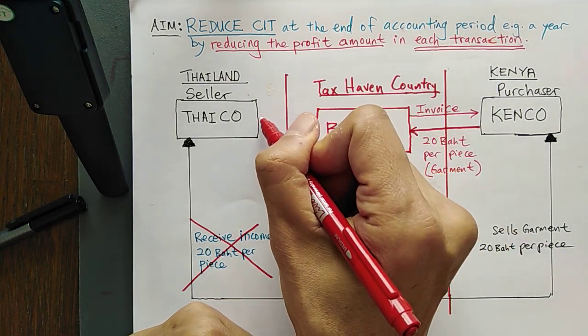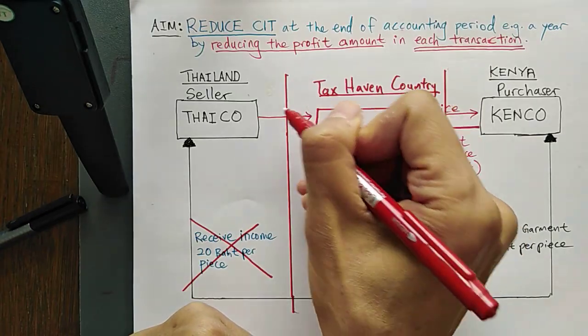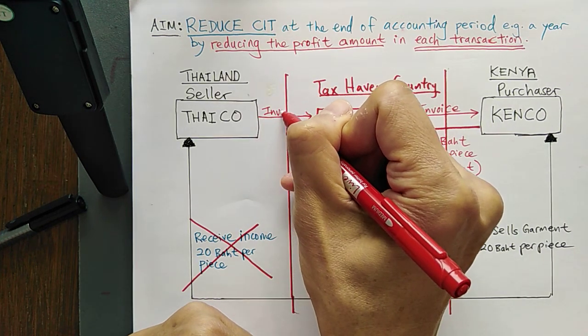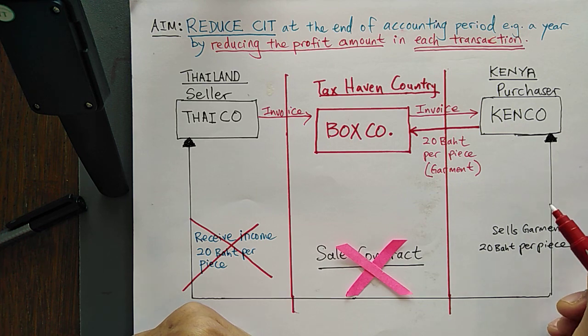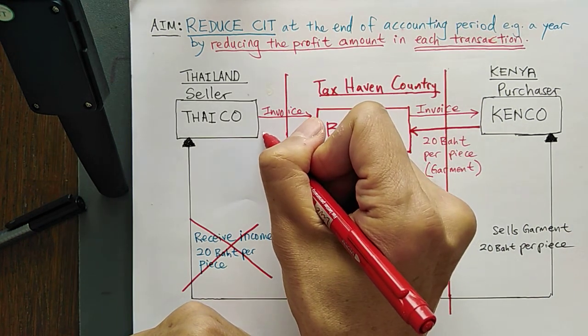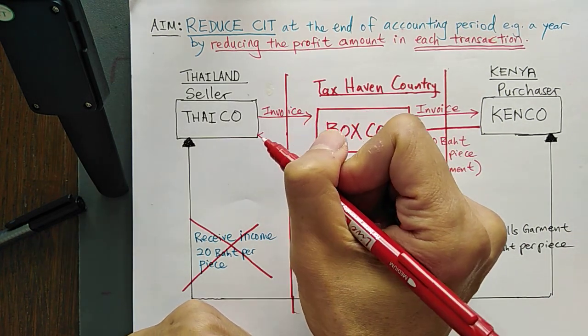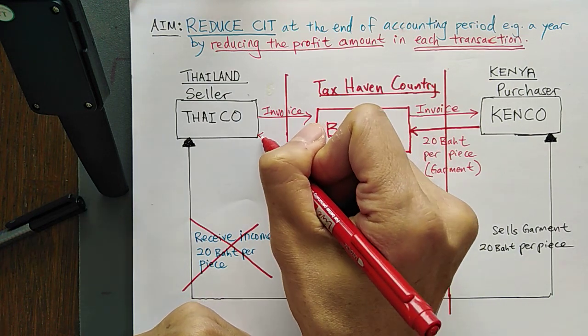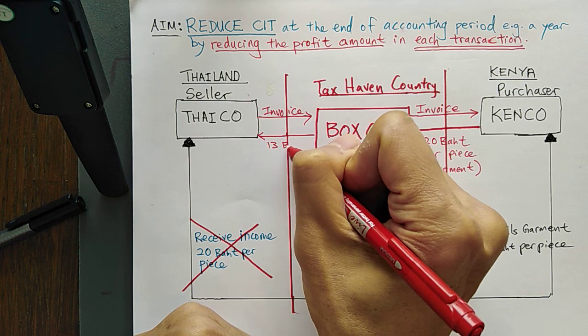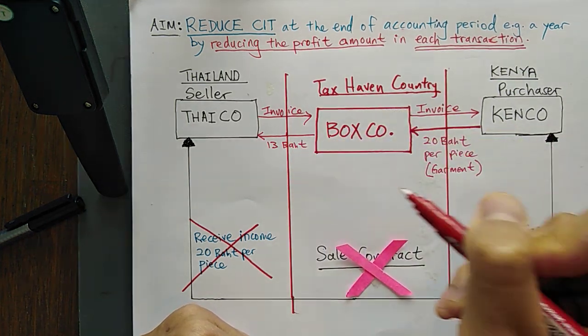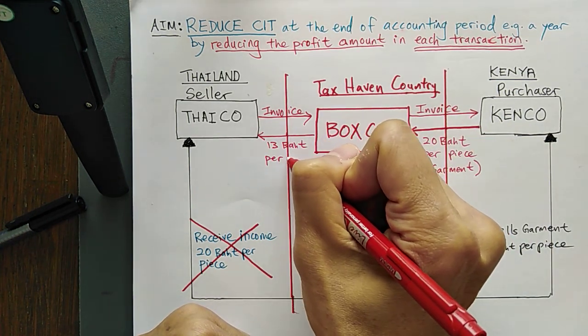Taiko would invoice, or send an invoice to Boxco for Boxco to pay, let's say, for example, 13 baht purchase price for garment per piece.